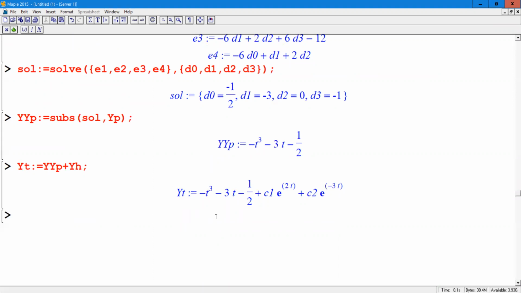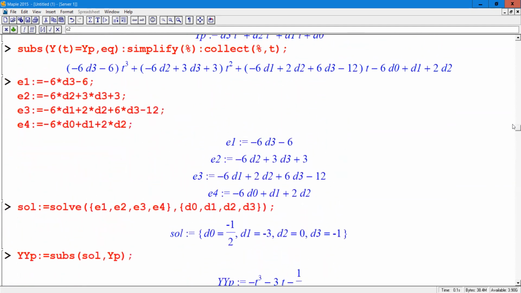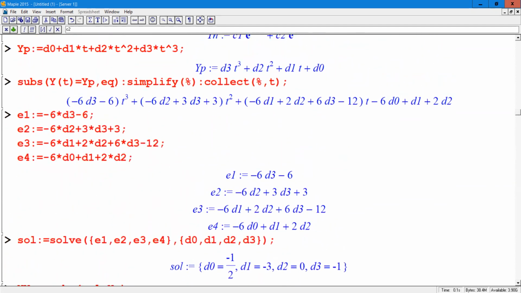And now we can use the initial conditions to obtain C1 and C2. Which initial conditions? I think we should again refer to the problem. Okay, so is this procedure clear, how to obtain the coefficients in the particular response? Any question from this part?